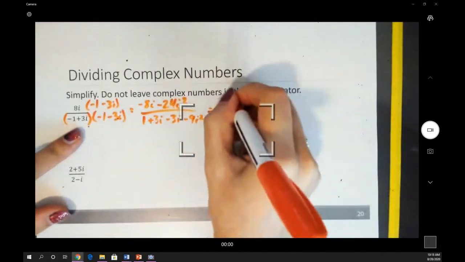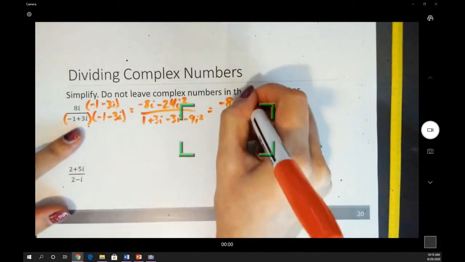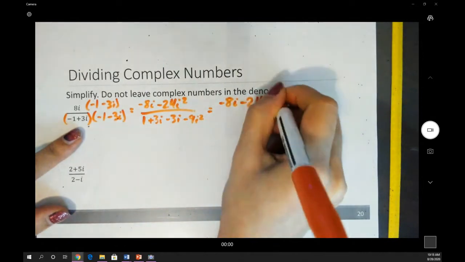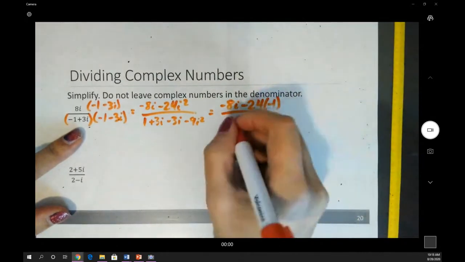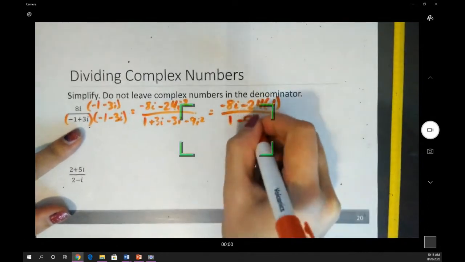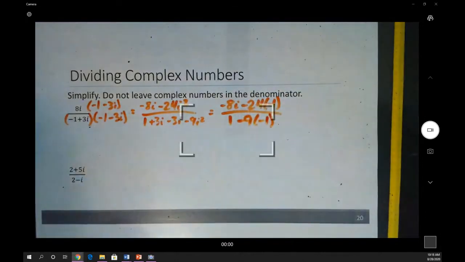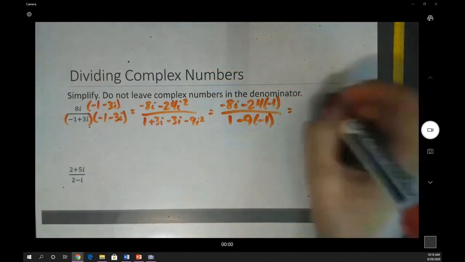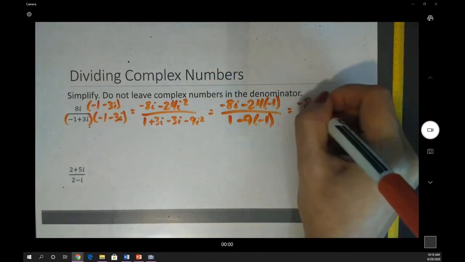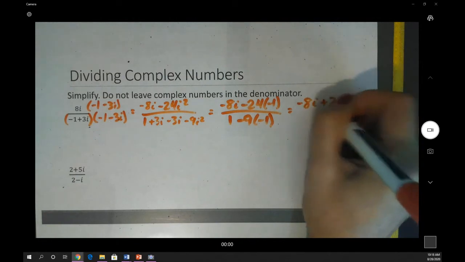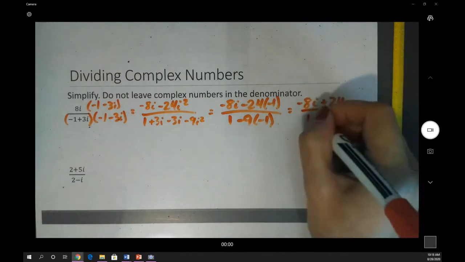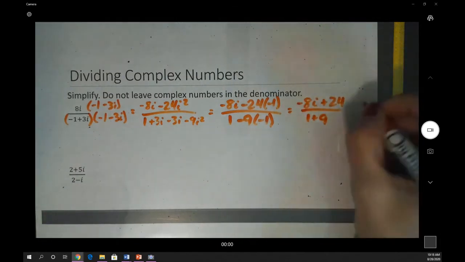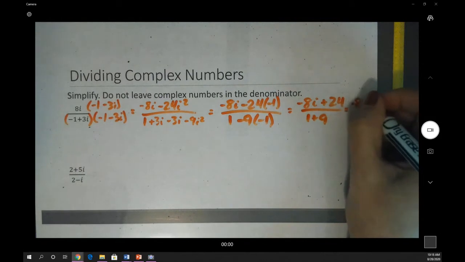That gives us a negative 8i minus 24 times negative 1 over 1 minus 9 times negative 1, which is good because we wanted our i's to cancel out in the denominator. That way we don't have any imaginary numbers down there. So that's negative 8i plus 24 over 1 plus 9, which is negative 8i plus 24 over 10.